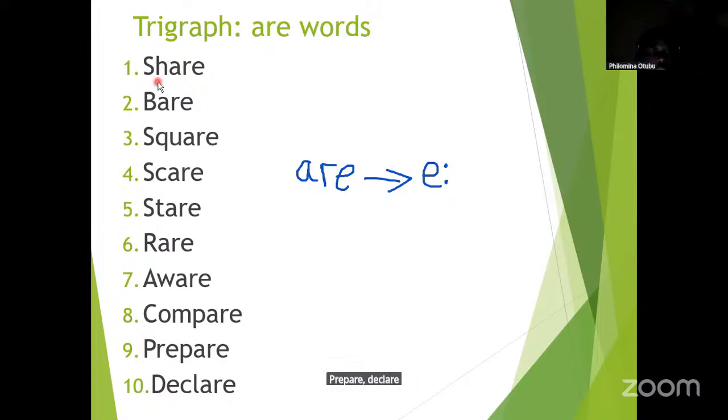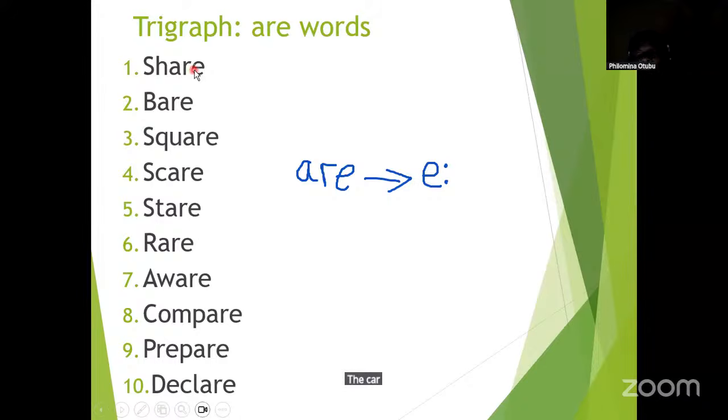We have share, bear, square, stir, rare, aware, compare, prepare, declare.